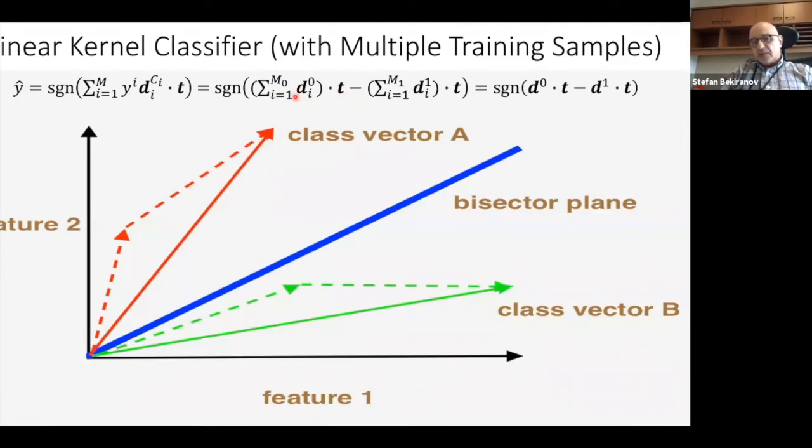And so this becomes a sum over all the disease vectors, which I call D superscript 0, as well as all the control vectors, superscript 1, and it's just the difference between those pre-summed vectors, where I take the dot product of each and I can perform the classification.